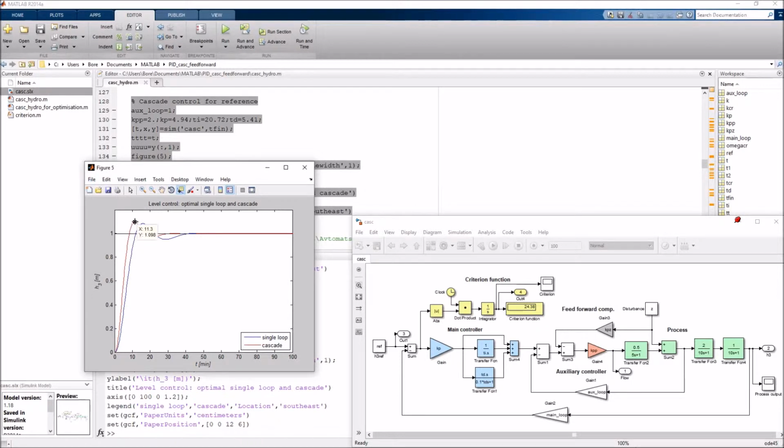For the cascade control, we can find that the time is approximately 11 minutes. The overshoot is about 10%, and for the blue curve, for the single loop control, the time of the overshoot is approximately 15 minutes, and the overshoot is approximately 8.5%.